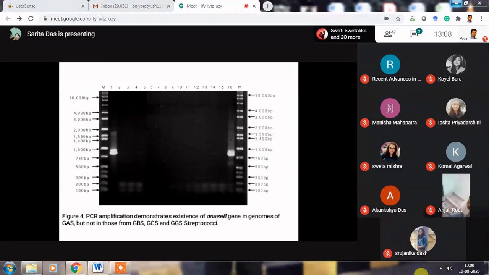To use this DNase B as a gold standard, or as a diagnostic marker, we have to rule out that this DNase B is present in groups other than group A strep, and that it is absent in all other groups of Streptococcus.